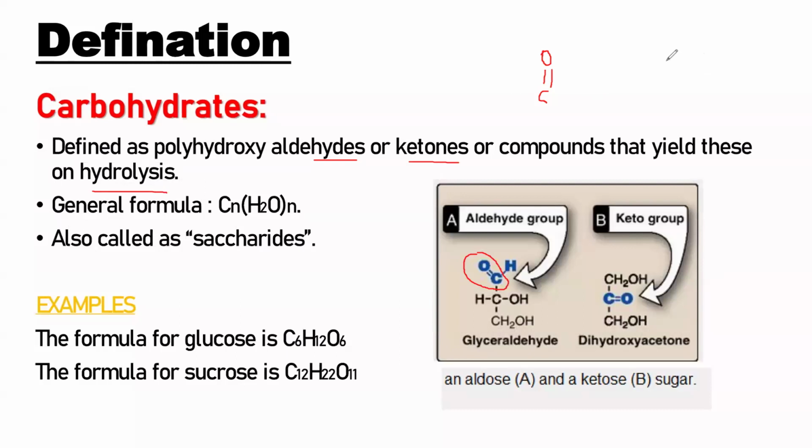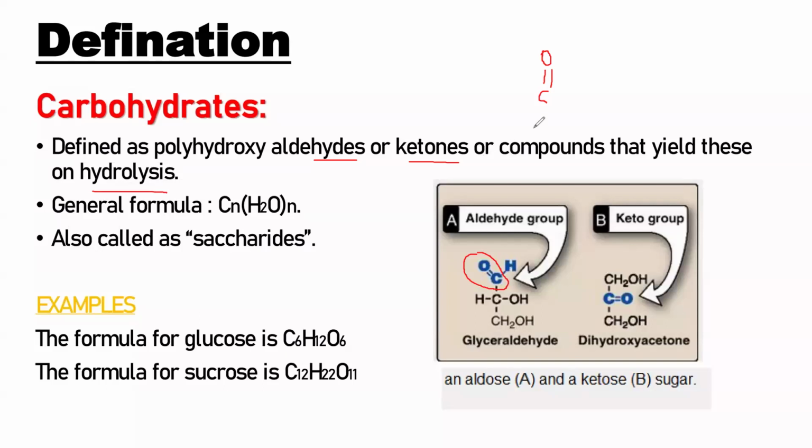Examples include carboxylic acid, aldehyde group, keto group or ketones, and amides. But now I'm going to explain aldehydes and ketones, because that is what we are going to discuss in carbohydrates.